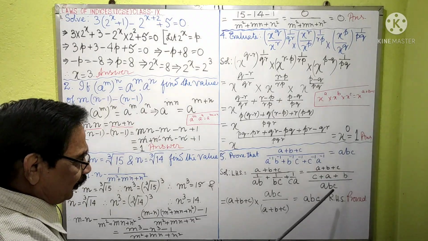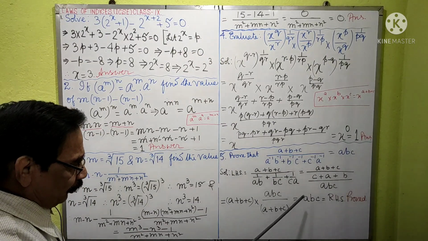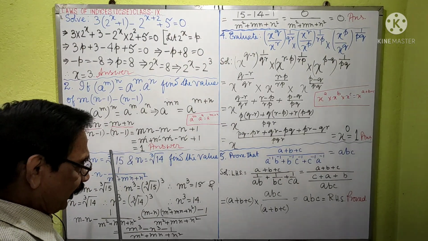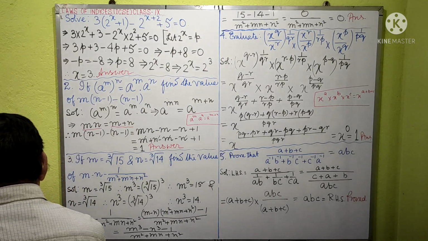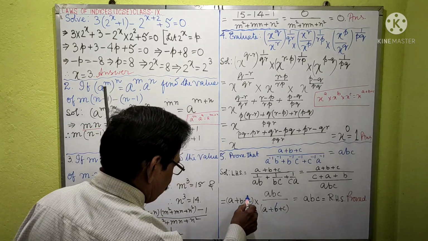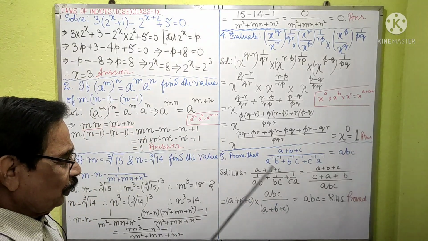So this is also abc, that is a plus b plus c into a plus b plus c, abc by a plus b plus c. They will cancel out each other, and the answer is abc. This is RHS, it is proved.